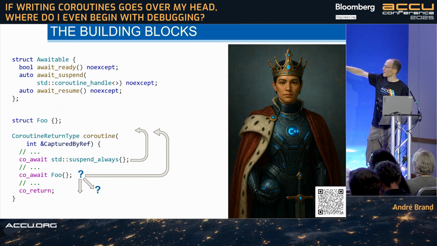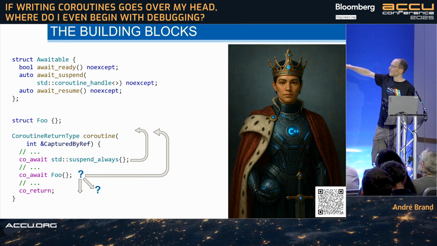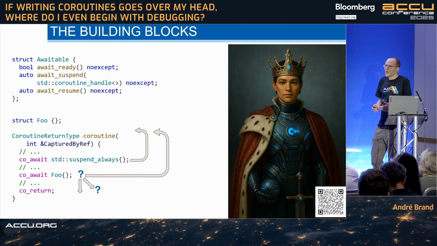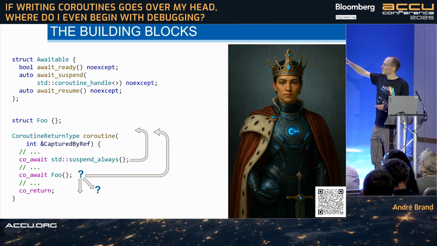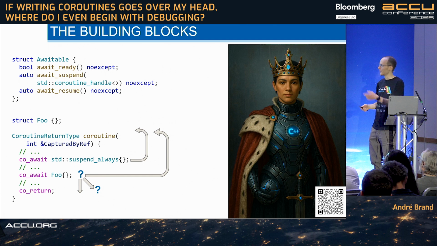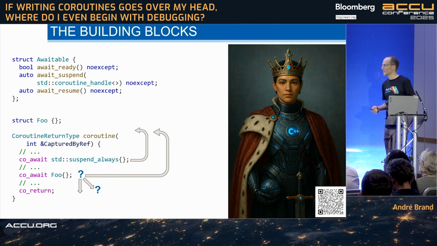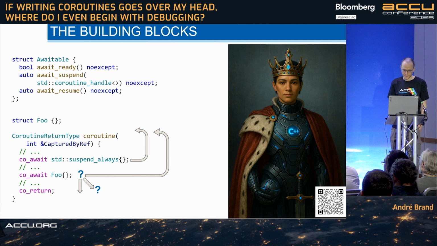The scope is really important here, because if I tell you suspend always, what does it mean? Where do I go next? What do I suspend? And this is why you need the two different types: the return type, which associates the scope, and the awaitable, which decides on what to do on the specific suspension or on the specific co_await call.